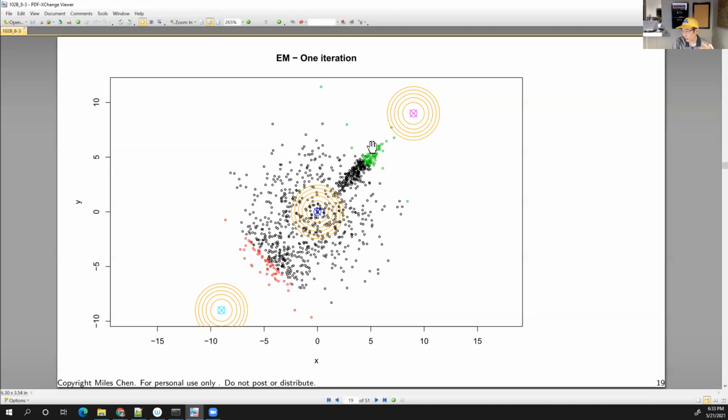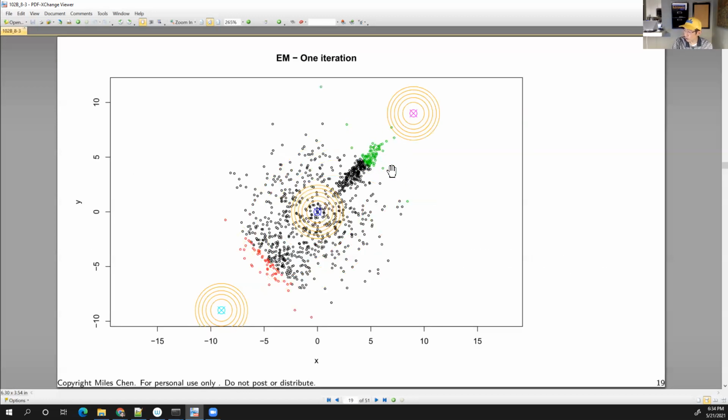Anything that has a probabilistic assignment to green, we use to calculate the centroid of the green points. So at the next iteration, we update: the new centroid of green is going to be here. The new centroid of red is going to be here.